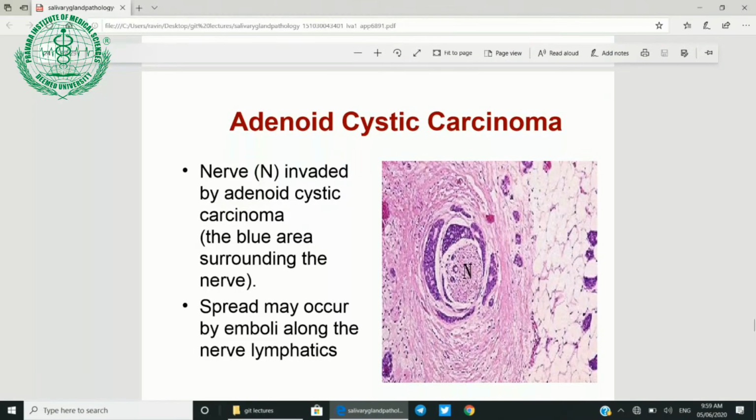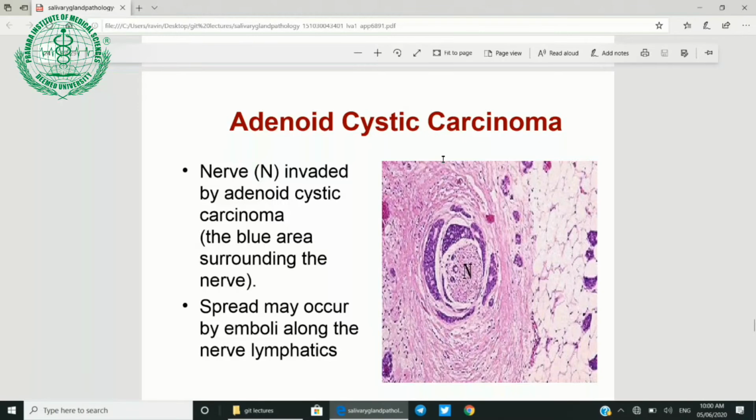The speciality of this adenoid cystic carcinoma is that it has a tendency to invade the nerves. You should very well remember that nerve invasion is a very important feature of an adenoid cystic carcinoma.